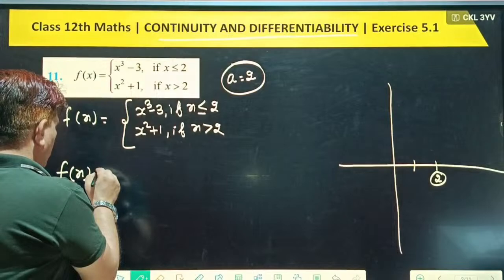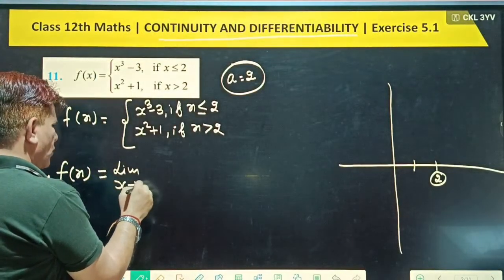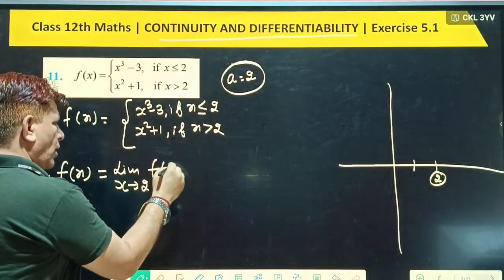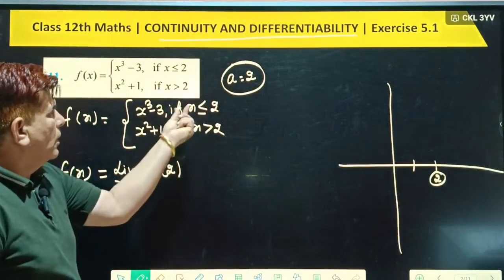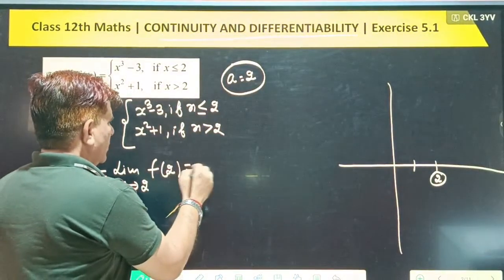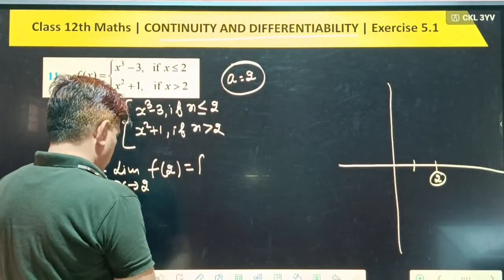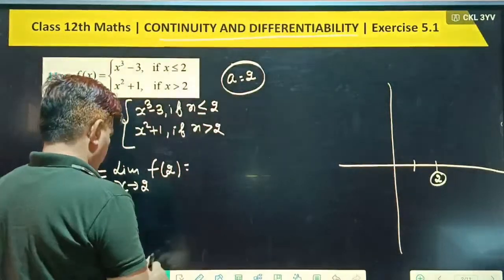What's this? It equals the limit as x tends to 2 of f of 2, for x less than or equal to 2. What is this equal to? Sorry, what's coming?